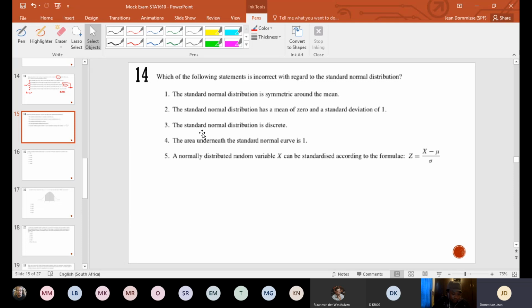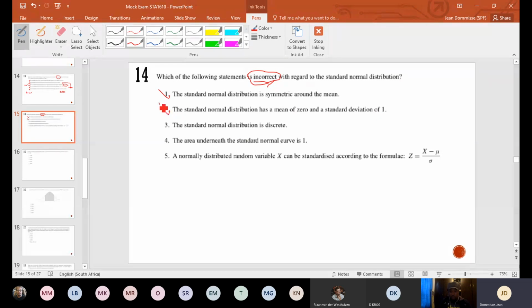Which of the following statements is incorrect with regard to the standard normal distribution? Okay, so now this is definition stuff again. The standard normal distribution is symmetric around the mean. That is correct. So we are looking for the incorrect one. The standard normal distribution has a mean of 0 and a standard deviation of 1.